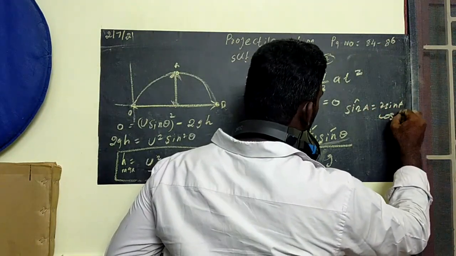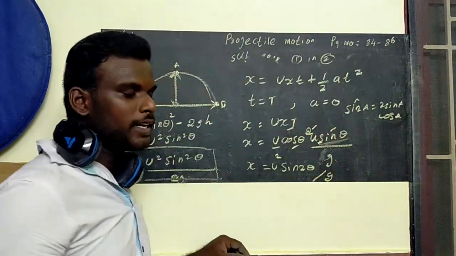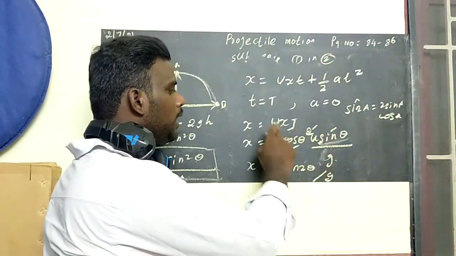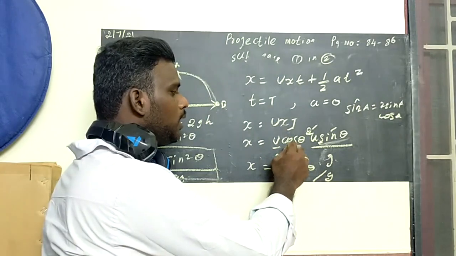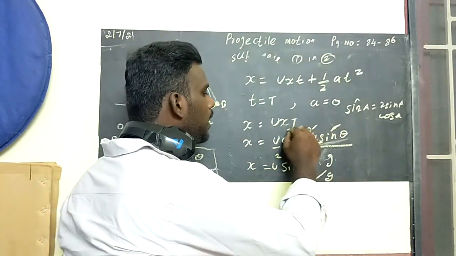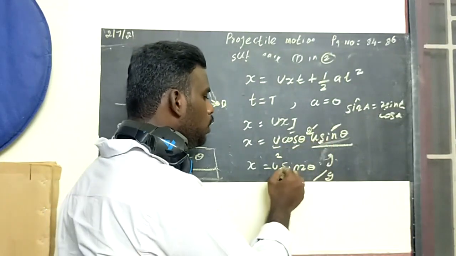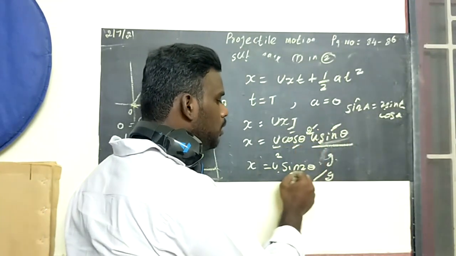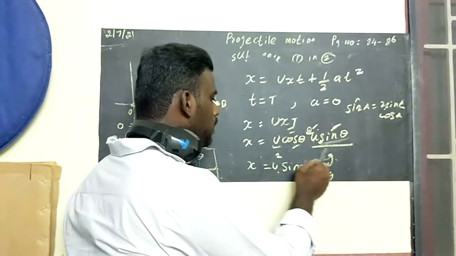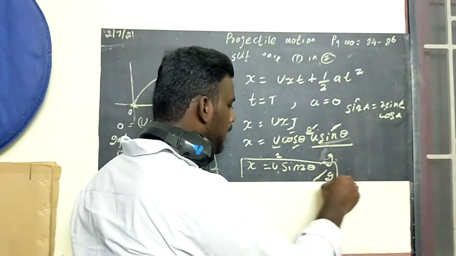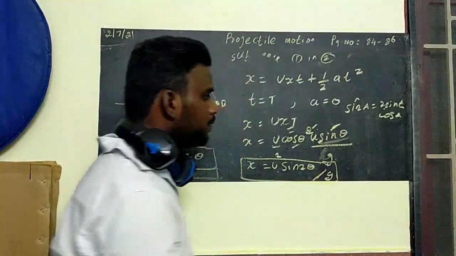We know the value of T is 2u sin theta by g, and ux is u cos theta. Here 2 sin a cos a will be equal to sin 2a. So u into u, 2 sin theta cos theta equals sin 2 theta, by g. So this is the distance traveled by the body when it hits the ground.